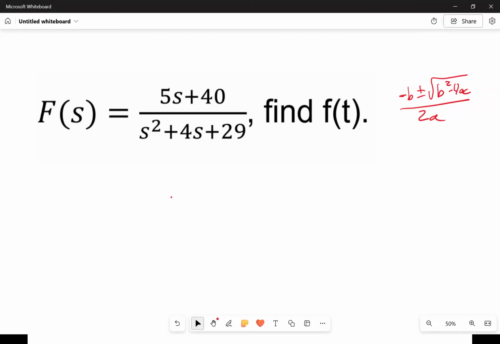Correct me if I'm wrong here, but we're going to get a negative radical. Let's see. We'll see. I don't think you're going to get a negative radical, but I could be wrong.